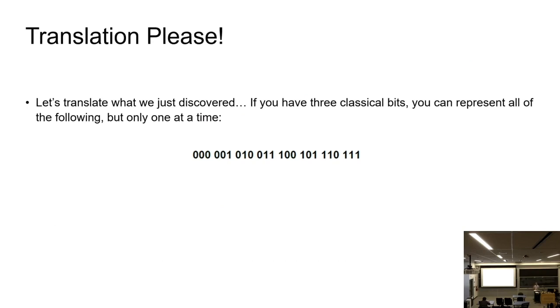All right, so let's think about what we just discovered. If we have 3 classical bits, then we can represent all of the possible permutations of those classical bits, but we can only represent them one at a time. So at any given time, if I have 3 bits, I can represent 0, 0, 0, or I can represent 1, 1, 0.